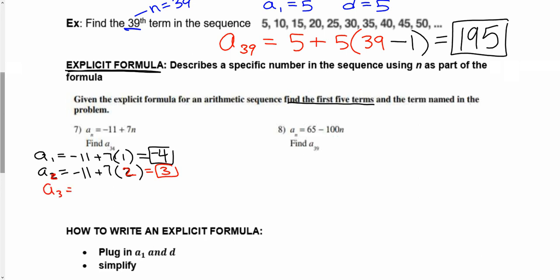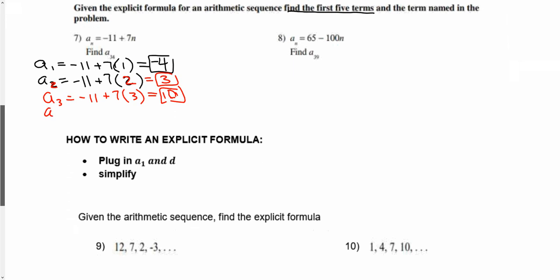A sub 3, -11 plus 7 times 3. 10. A sub 4, negative 11 plus 7 times 4, 17. A sub 5. 24.